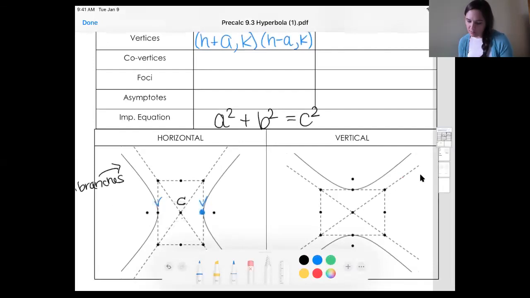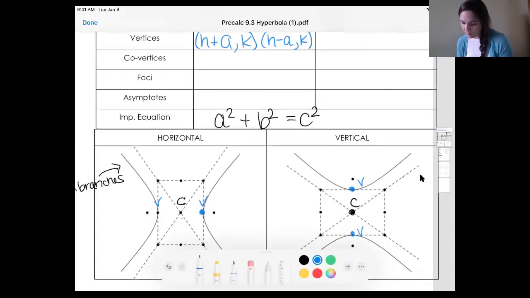Okay, so let's do the same thing over here with our vertical. So once again, we've got our center. Our center is here, and then our vertices are here. So see, these are the 2 points closest to the center along the branches.